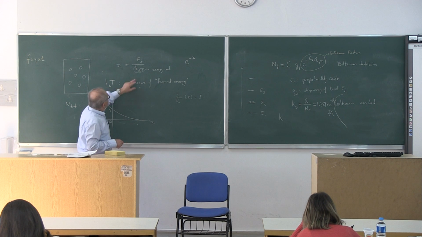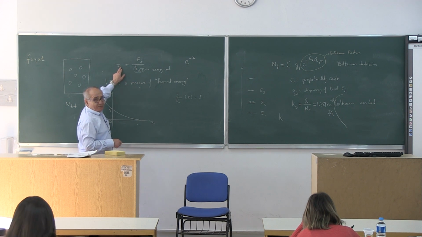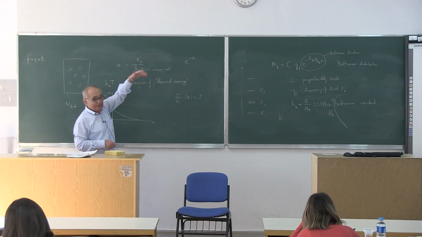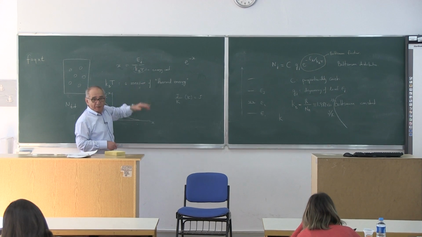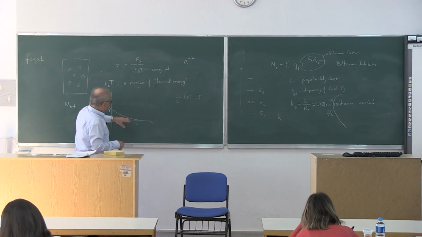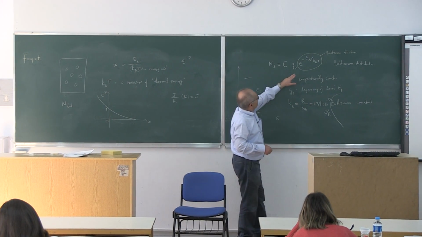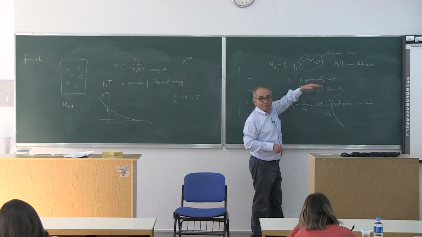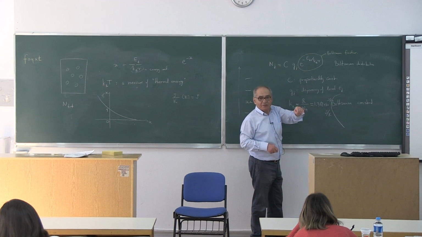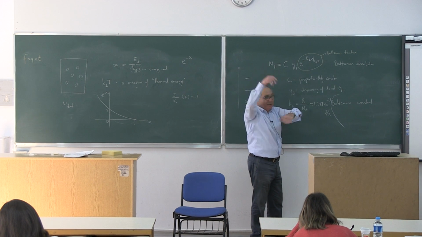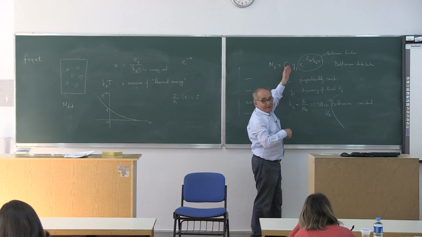So, large x means high energy level. EJ is large, isn't it? Relative to KT. So, this graph is telling us that the Boltzmann factor is going to be very, very small, in fact, near 0 for high energy levels. Right? If this factor is 0, 0 times anything is 0.